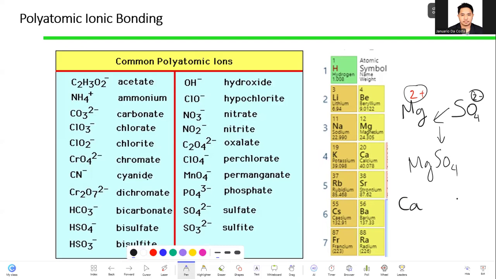Next, a bonding between calcium and hypochlorite, which is ClO negative. Calcium is positive 2. Okay, so you will make calcium, Ca(ClO)2.